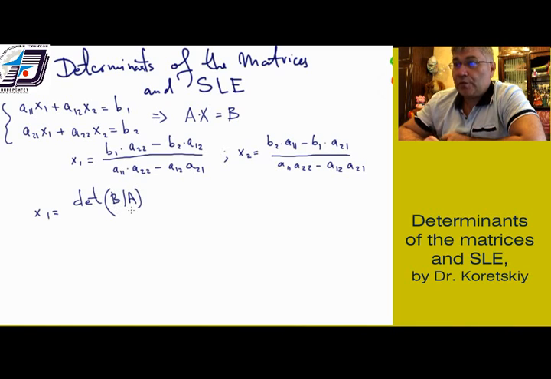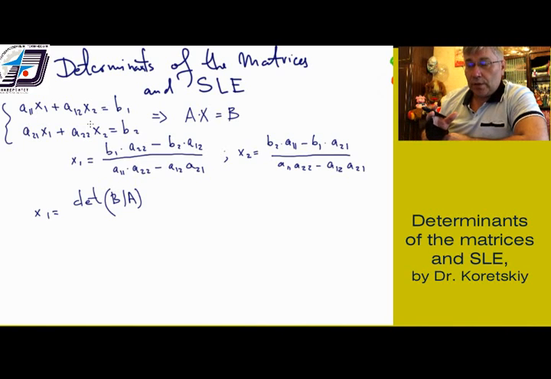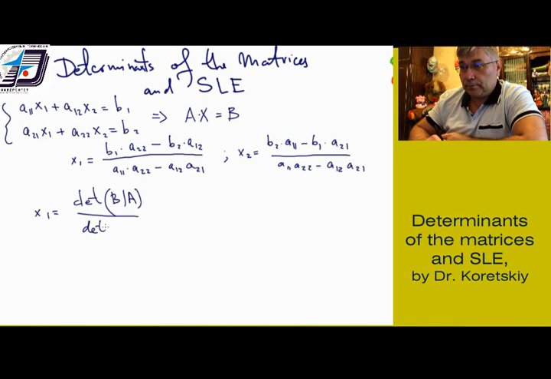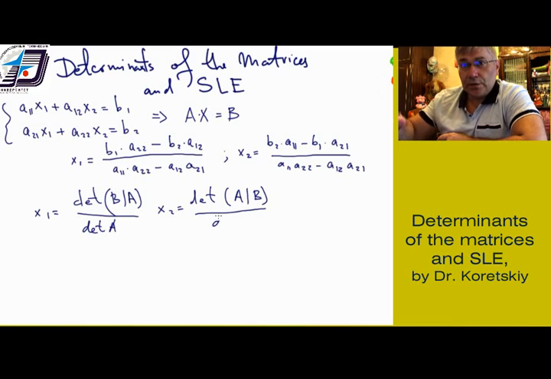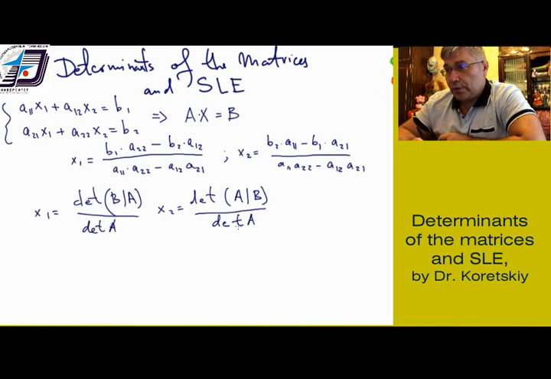I remind you that matrix BA we can construct from the A matrix if we remove the first column and replace it by the B matrix, over determinant A. And x2 equals determinant AB, so we make the same operation, but we remove the second column of the matrix A and replace it by the matrix B, over determinant A.